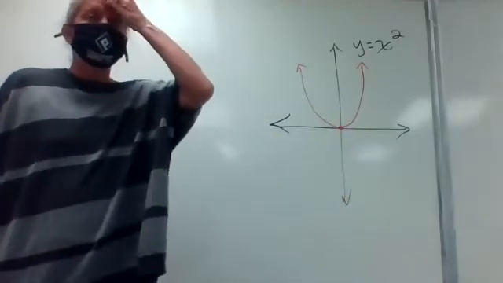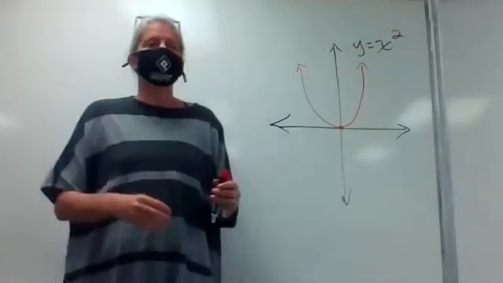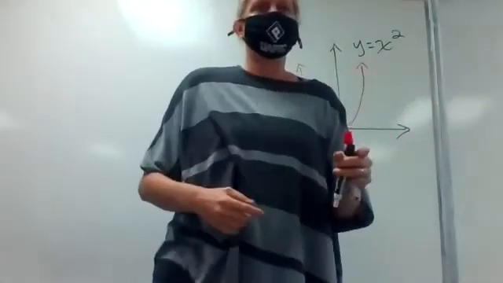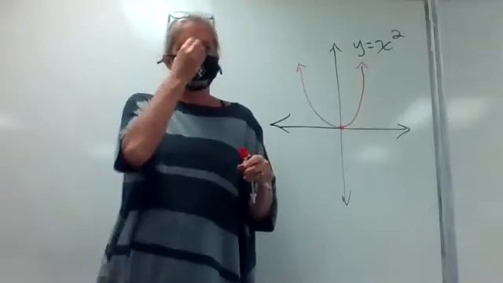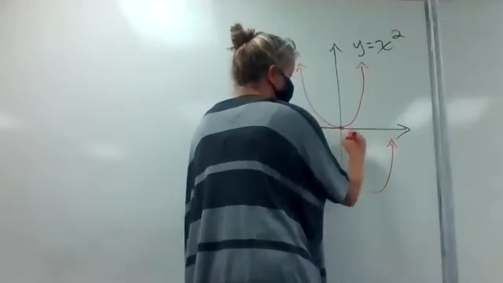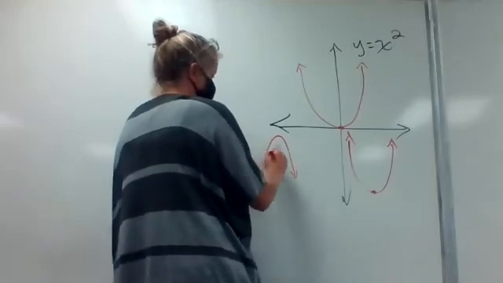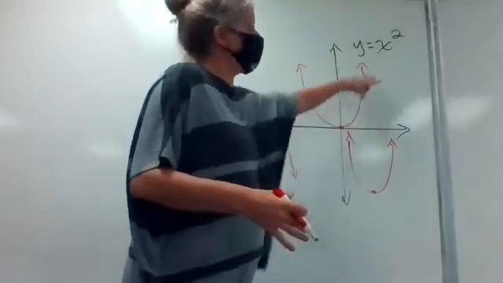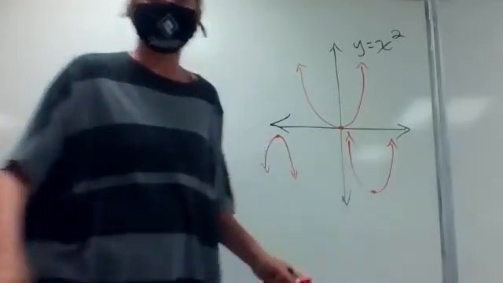Now, not all x squared graphs look like that, because sometimes it's not just x squared, it's x squared plus 2, or x minus 3 squared plus 4. Those are the numbers that shift your graph left and right and up and down. Sometimes you have a parabola with the vertex there, or it could be over here and upside down. So let's talk about what makes this move to different areas, or what makes it flip upside down.